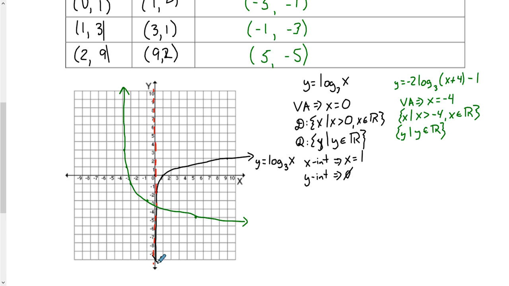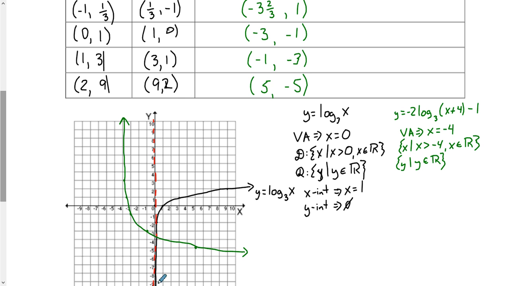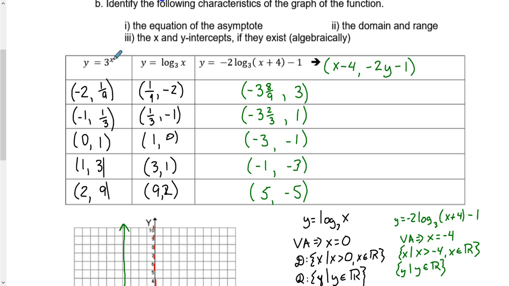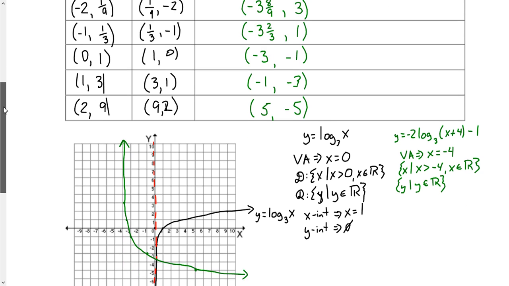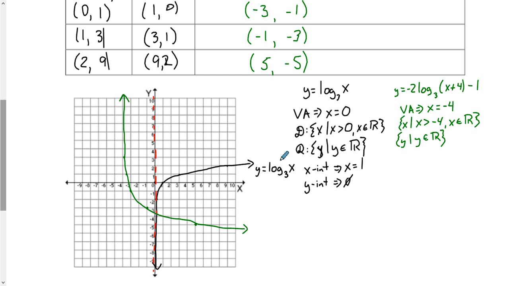So you can see in here, this log base 3 of x is actually an increasing function. It's actually going up as it goes from left to right, which still fits exactly with that 3 to the power of x, that exponential being our base being greater than 1. It's still an increasing exponential, and its logarithm is also increasing. But you can see on this green graph, this -2 log base 3 of x plus 4 minus 1, it's actually something that goes down.